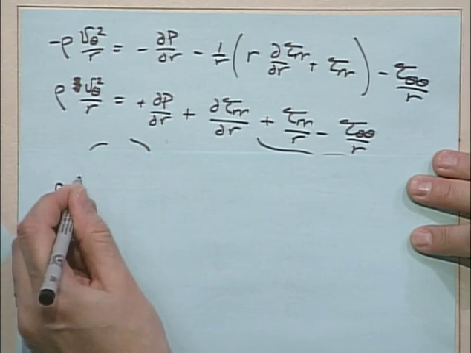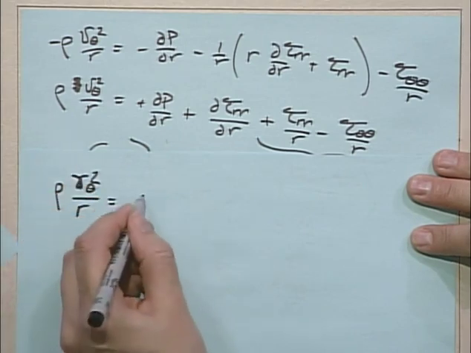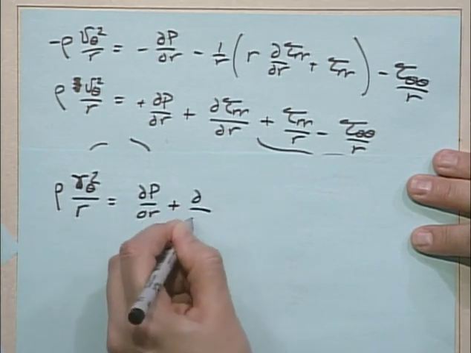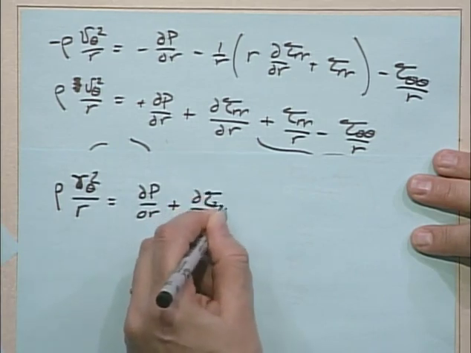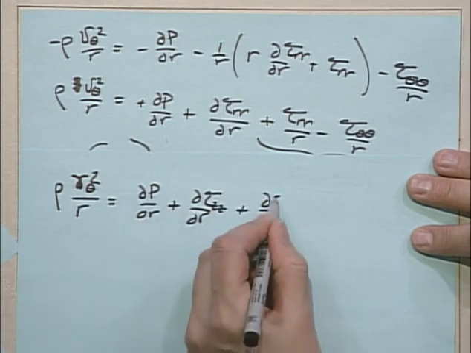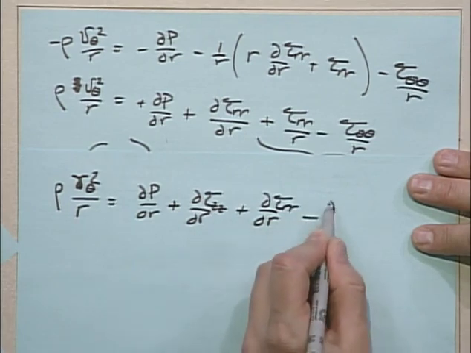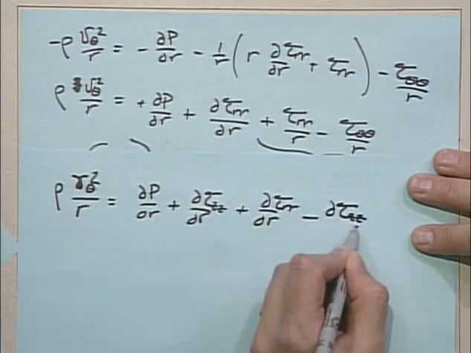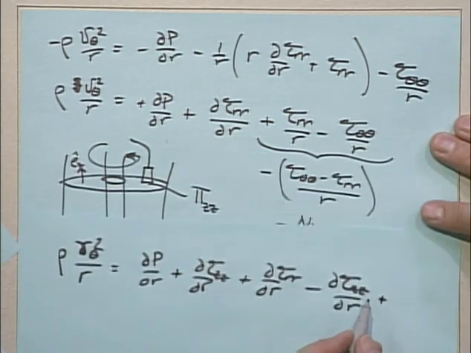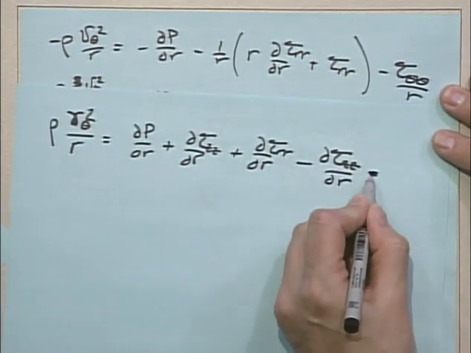Rho v theta squared over r equals dp dr plus partial with respect to r of tau zz, plus the term that's there, d by dr of tau rr, minus the term I just added in so that I've done nothing, plus this big mess, which was minus n1 over r.